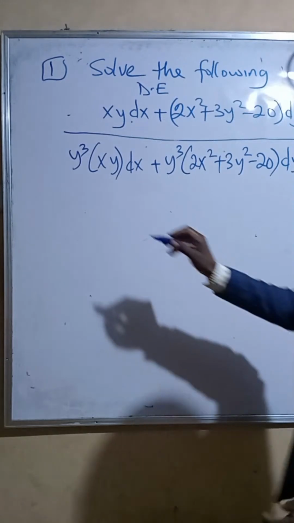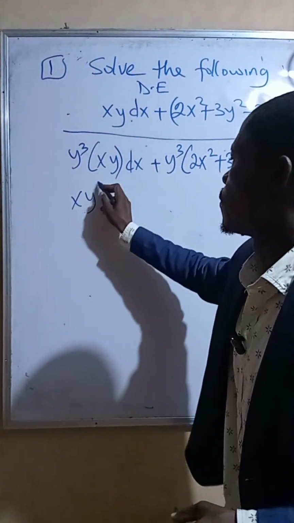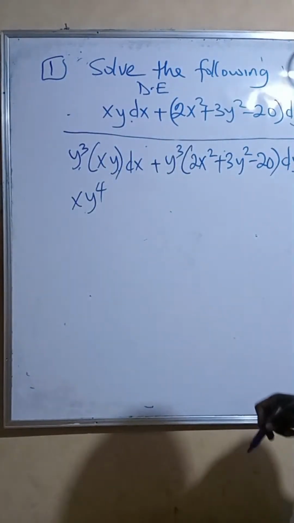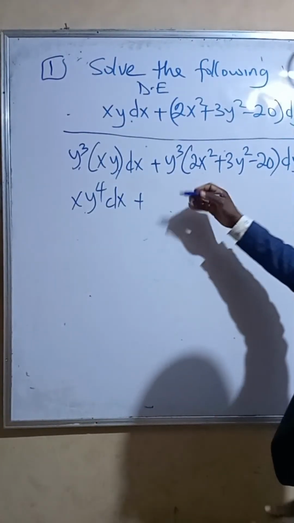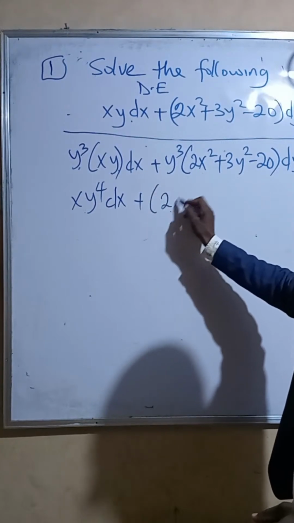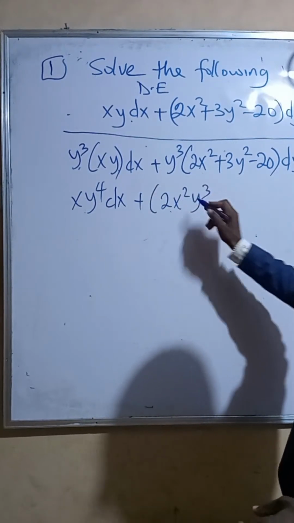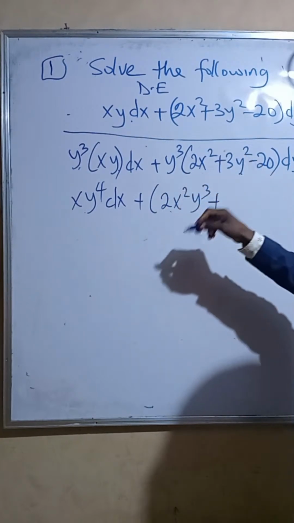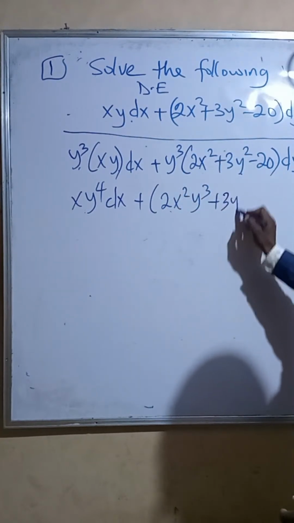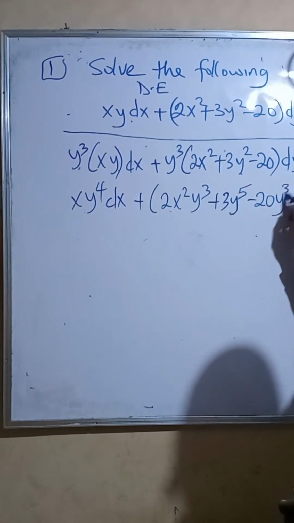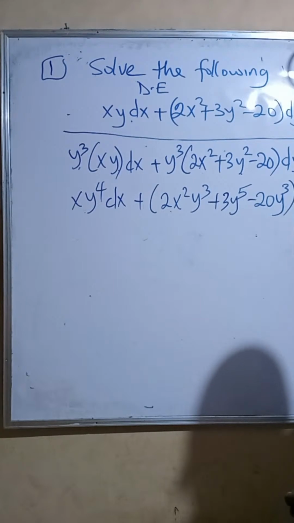Okay, and that will be equal to xy to the power 4, this is y to the power 3 times y to the power 1, dx, and then plus this one, multiply that, that will be equal to 2x squared y cubed, and then plus 3y squared times y cubed, that's 3y to the power 5, and then minus 20y to the power 3, dy equal to 0.